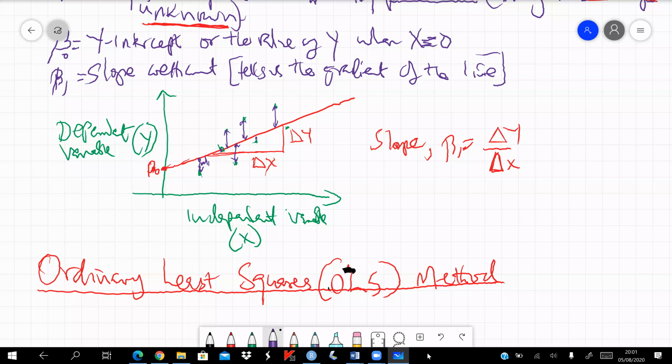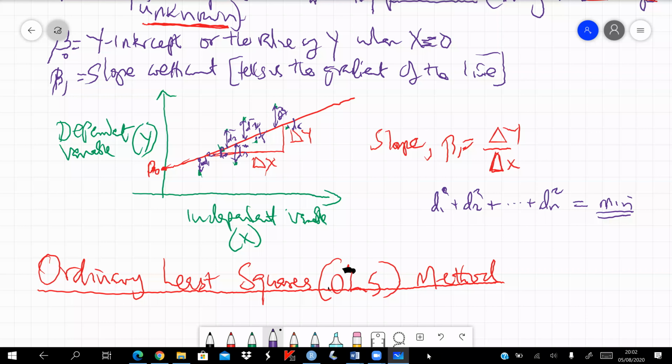Let's say this is D1, D2, D3, the order is not important, D4, D5, D6, D7, and D8. You get those distances, then you square them and you sum. So you have D1 squared plus D2 squared, all the way to the last one. It should minimize that sum of squares of those distances.